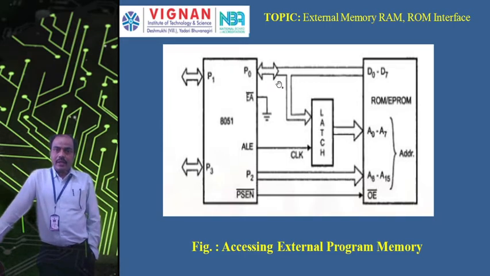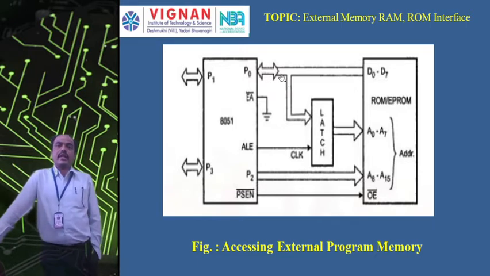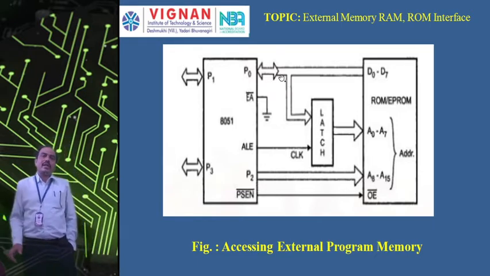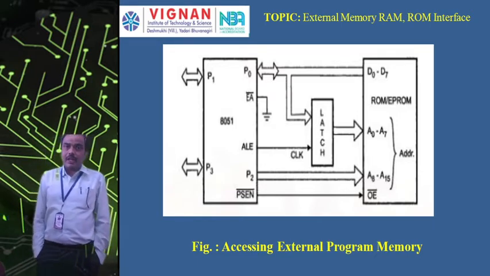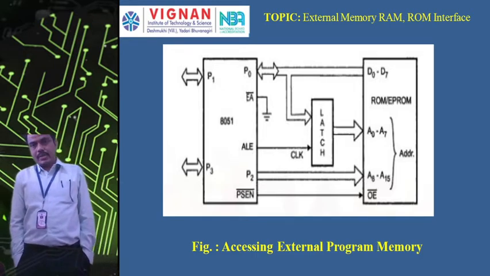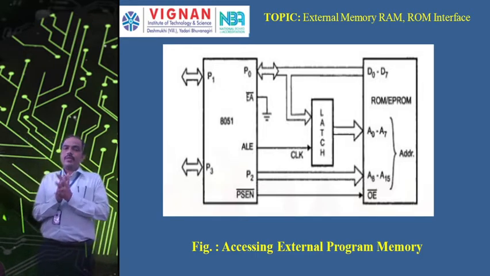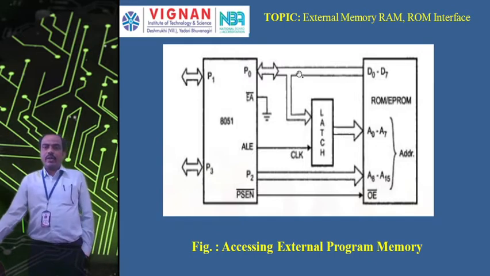As we know, these port 0 bits act as both address and data, AD0 to AD7, which is called a multiplexed address and data bus, an 8-bit address data bus. Data goes directly, and whenever you want to convert it into address, we use the latch and convert it into A0 to A7, the address of the memory, while data is transferred through these lines.